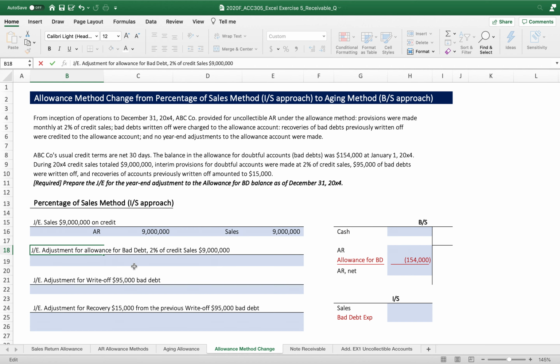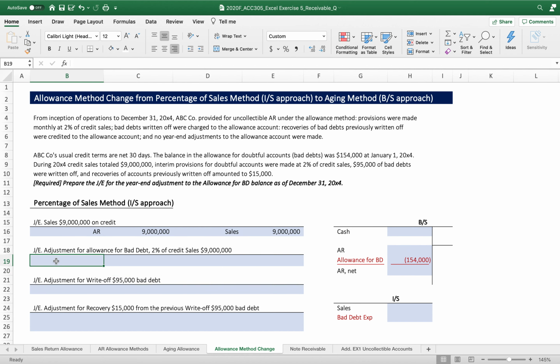And then here, what account do we need to reduce the sales based on the matching principle? That's correct. The bad debt expense. We need to record bad debt expense. And how much is that? 9 million times 2%.